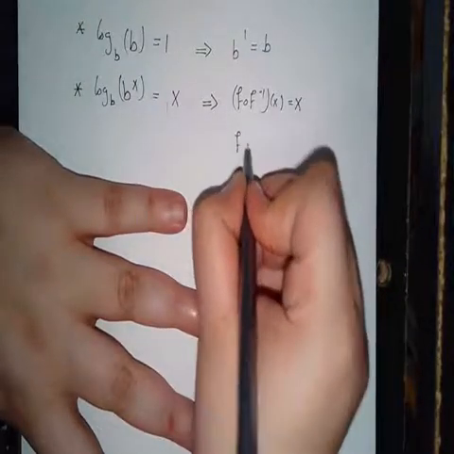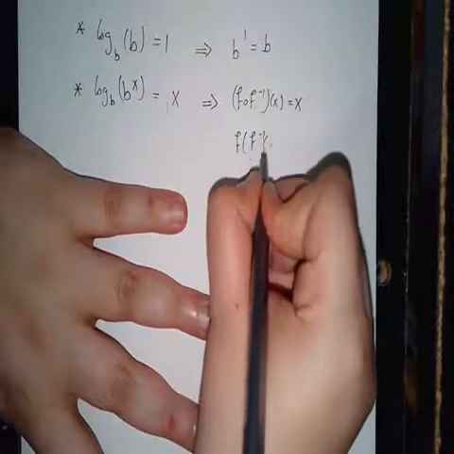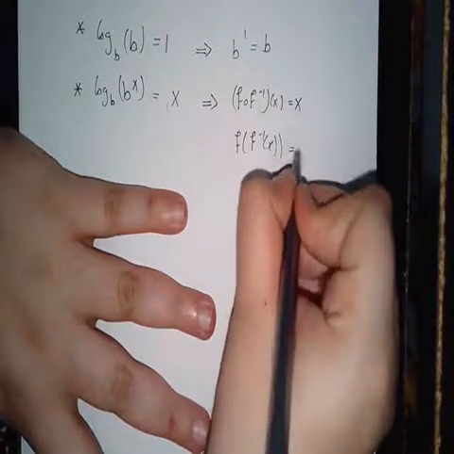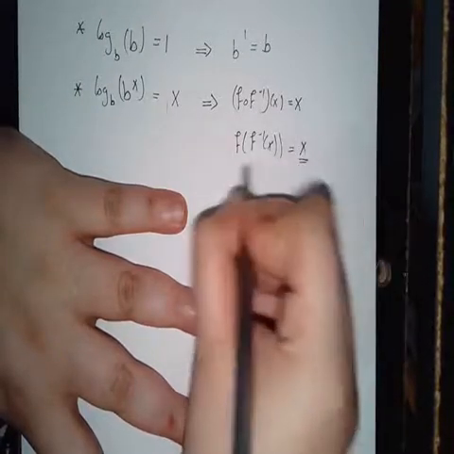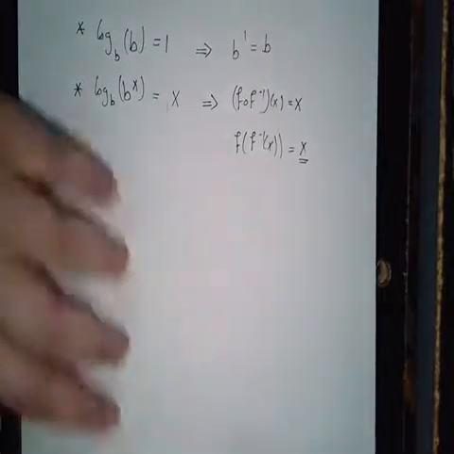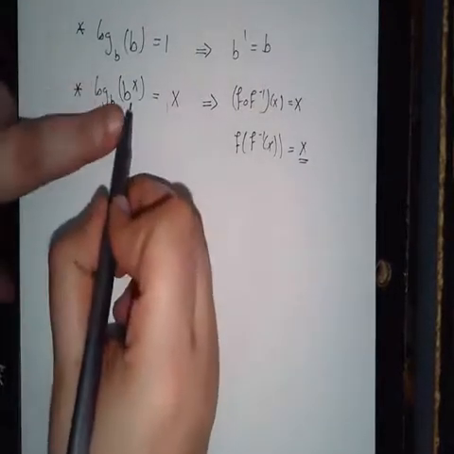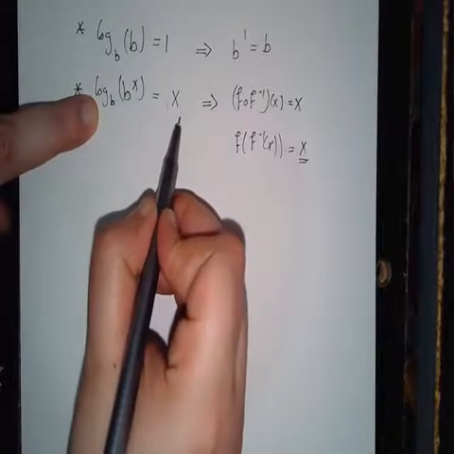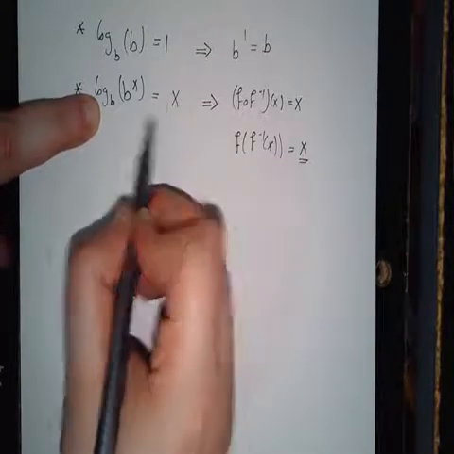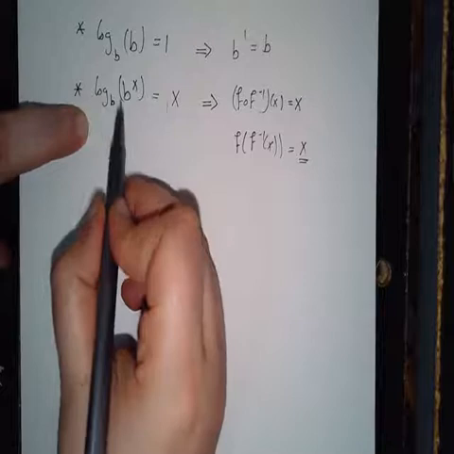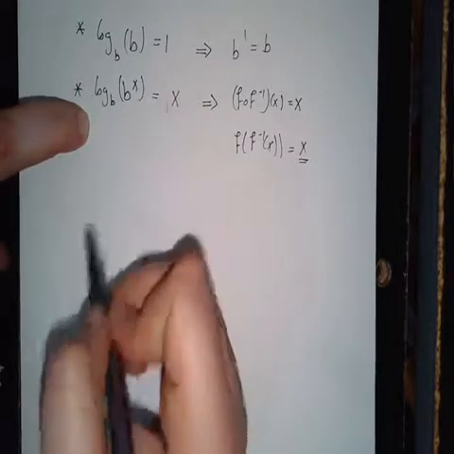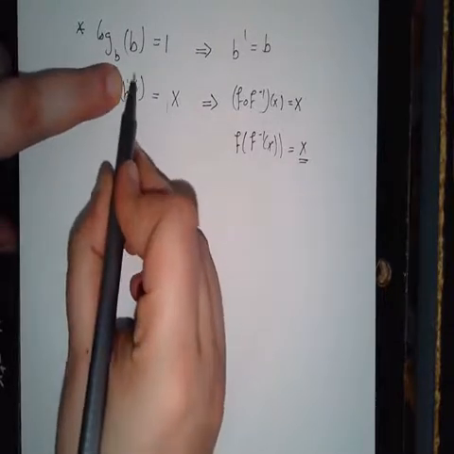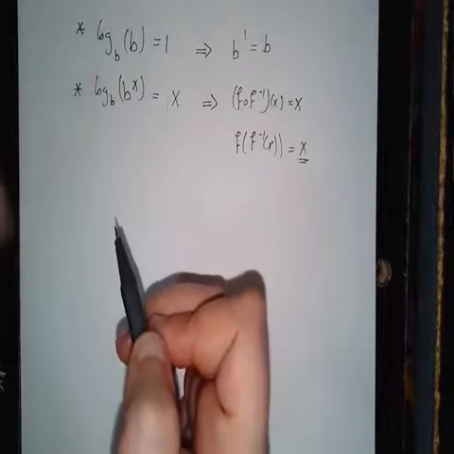So if you have f of f inverse, so you place one inside the other, and if the answer is x, then these two are inverses. Well, here we go. The exponential placed inside the log, the answer is what? The answer is x. They're going to cancel. The log and the base cancel each other out, and you end up with the power, whatever the power was. Make sense?